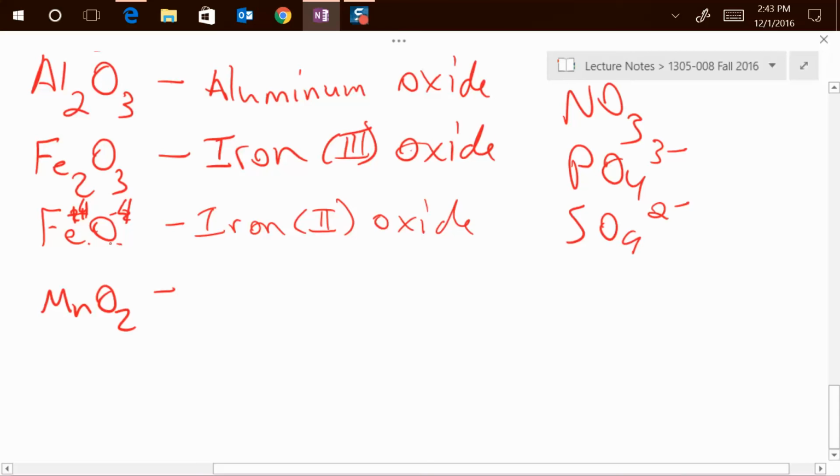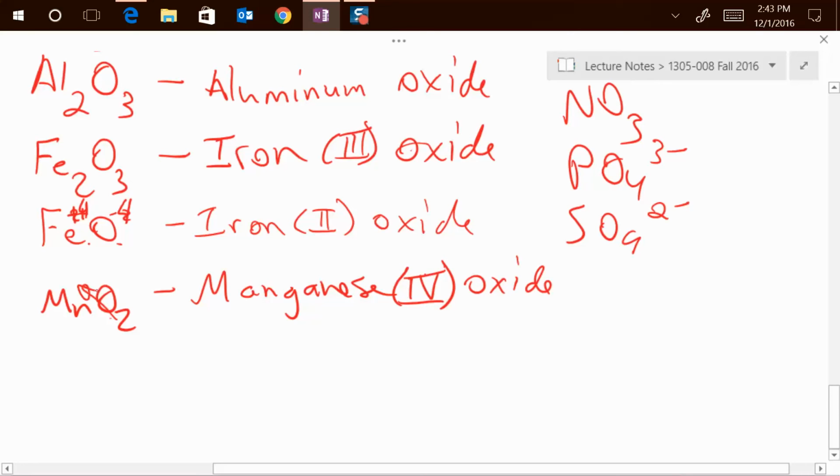All right. What is this? It is definitely manganese oxide, but not 2. 4. So, the switchy thing does not work.